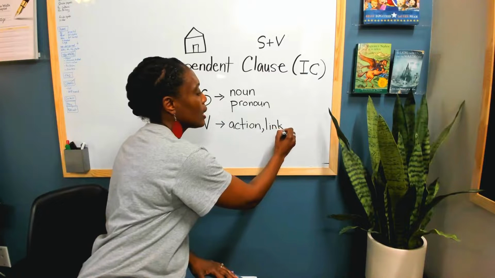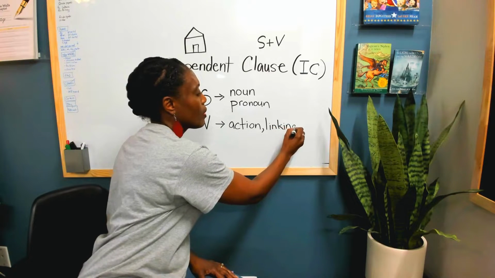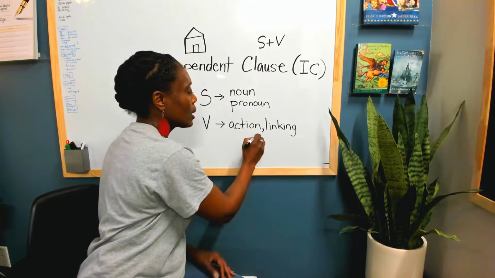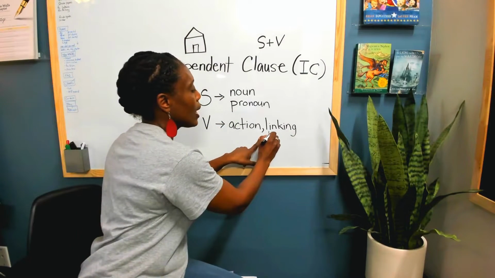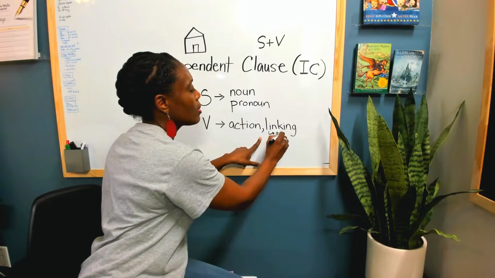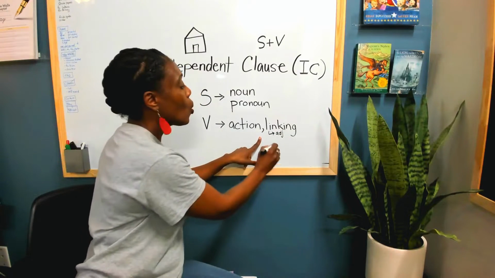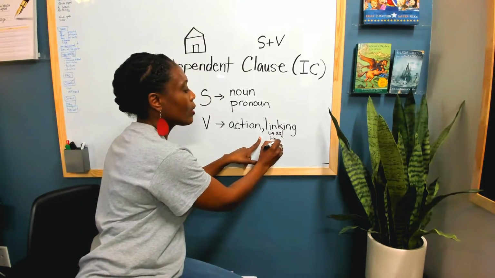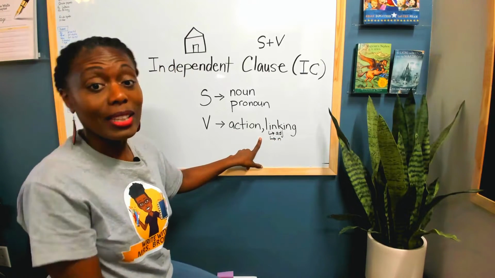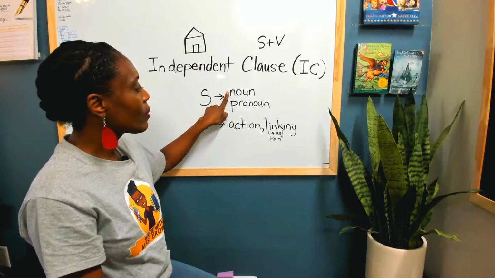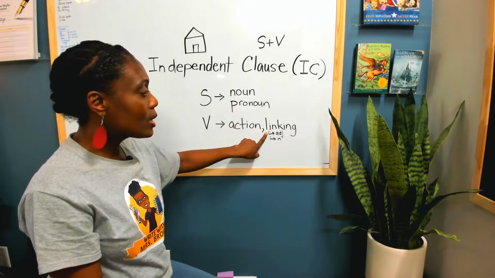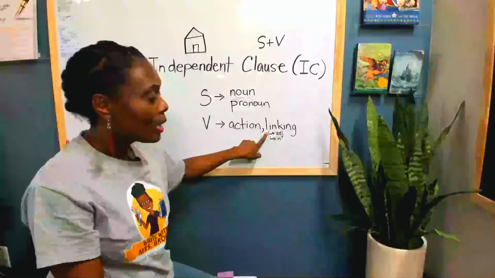Another type of verb would be a linking verb. Linking verbs link the subject to either an adjective that describes it or a noun that renames it. Let me give you an example. Mrs. Brown is happy.